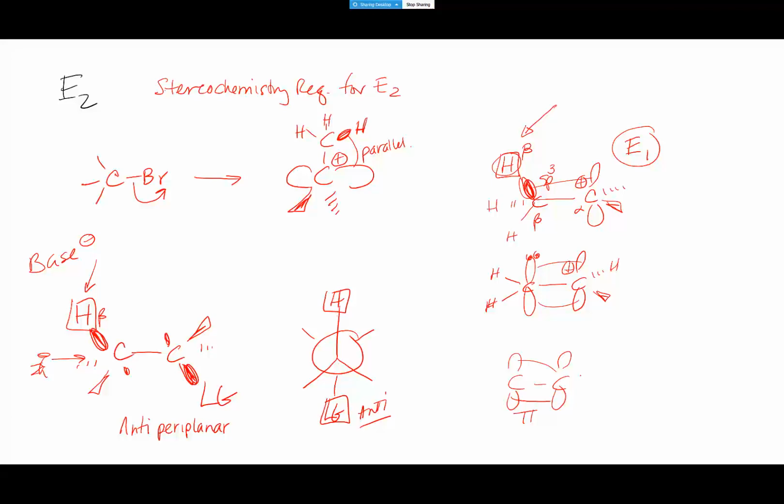Okay. Everybody kind of with me there? If the initial molecule is not anti-periplanar, the reaction can still go, but it'll just rearrange itself. Exactly.